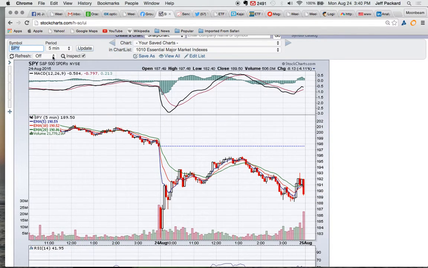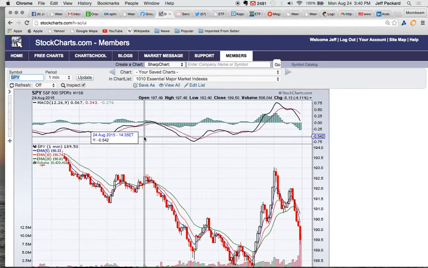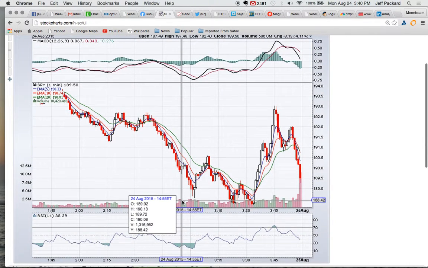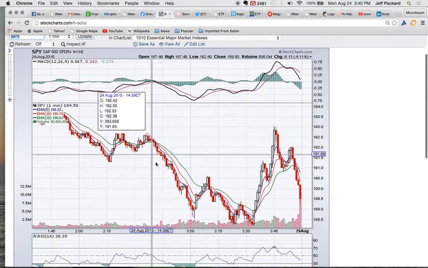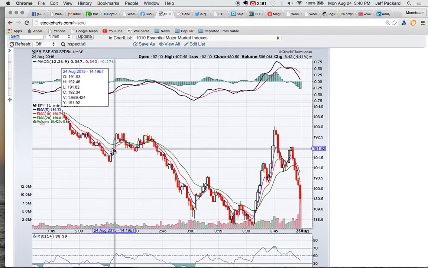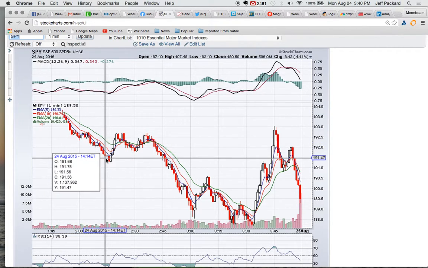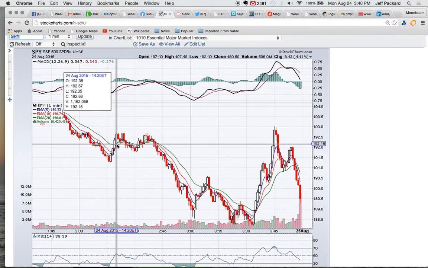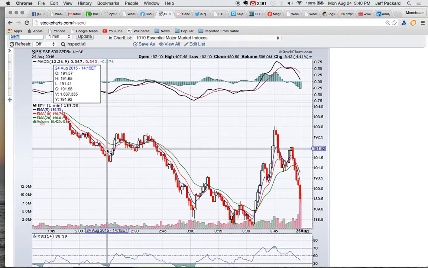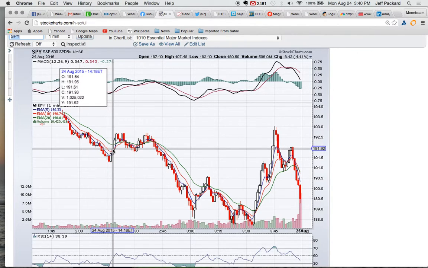But then let's look at the 1 minute chart. Let's give us another look at it if we did want to trade it intraday. This is only going back so far, but you can kind of get the picture. Right here, when these lines started crossing, we could have been short here when they started retaking the 10-day moving average.